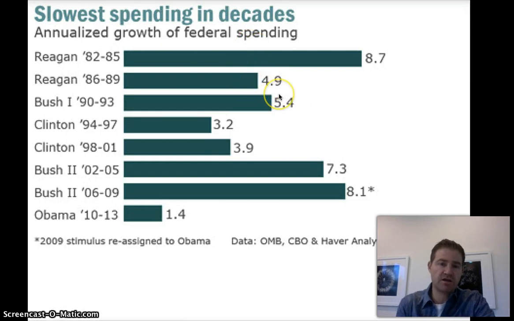Bush increase. Here you have the Democrat Clinton vastly decreasing the federal spending growth, and ended up with a federal surplus, which is pretty amazing, of $300 billion when he handed it off to George W. Bush.